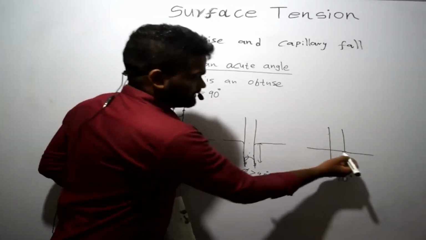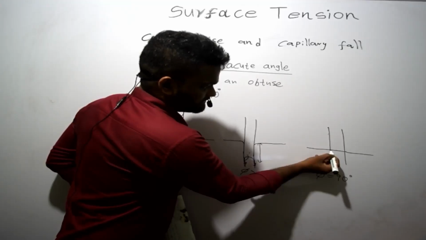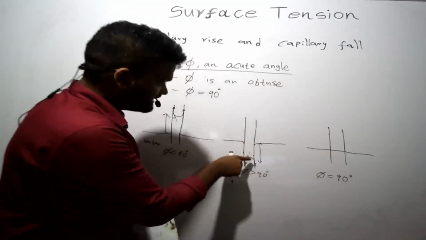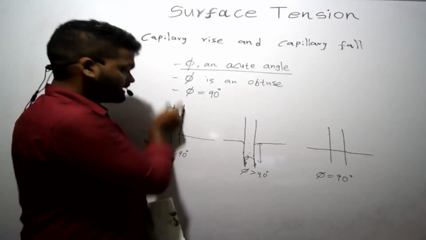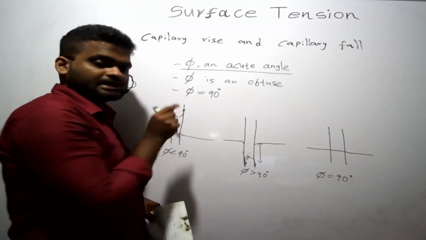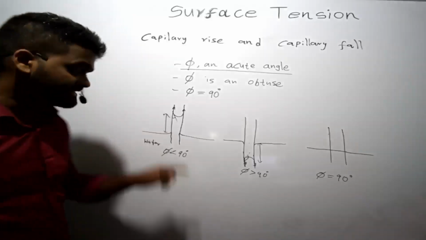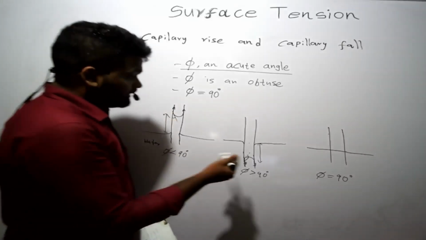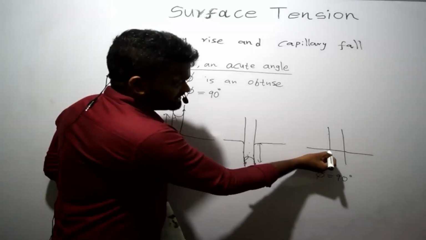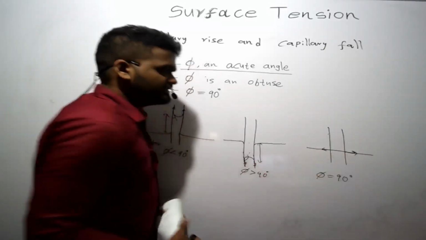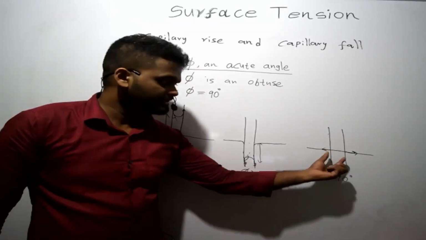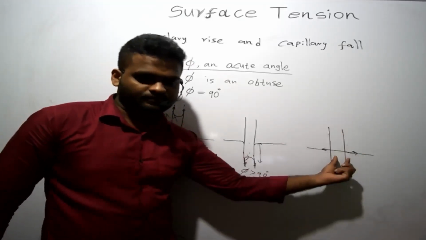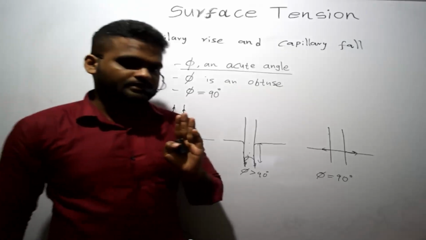See that? Because surface tension forces are acting perpendicular to the glass. Here it is acting downwards, here upwards. Surface tension forces always act along the tangent, right? So with the force applied perpendicular to the tube, there cannot be a rise or a fall, right? I think you understood that.